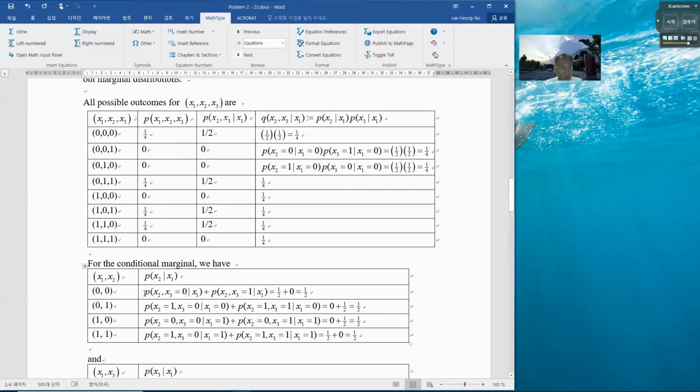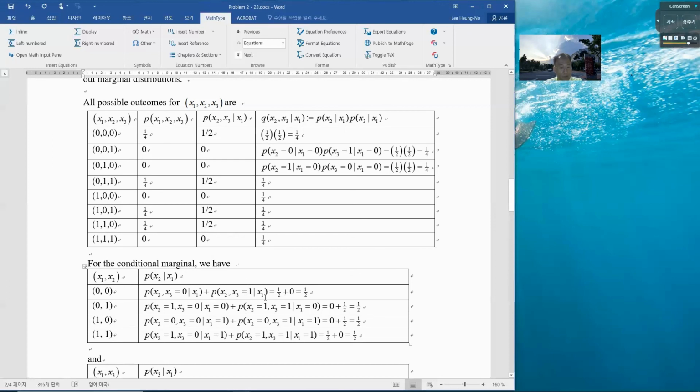So using the total probability theorem, you consider x3 equal to 0 and x3 equal to 1, reading off from this table right here. So what is this one here? P of x2 equal to 0, x3 equal to 0, x1 equal to 0. That is this case, half. The first one is half.